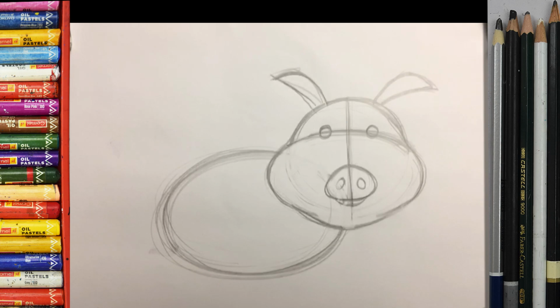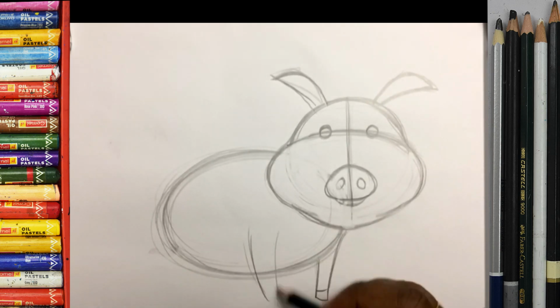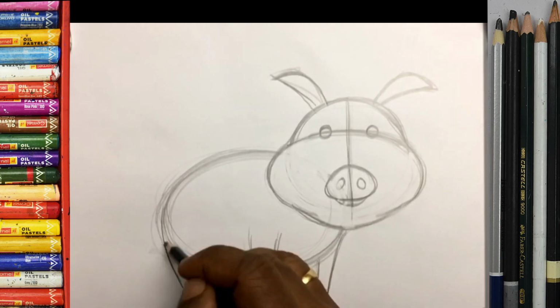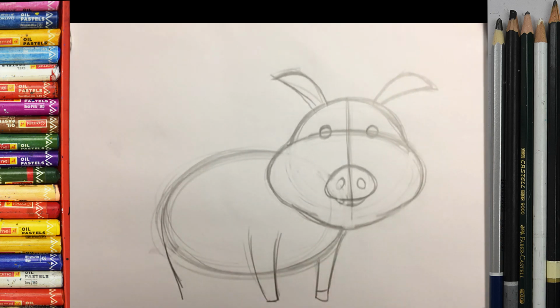Yes, beta. We can make the pig's leg with our imagination. I make over here 1, 2, 3. Yes, down, beta.